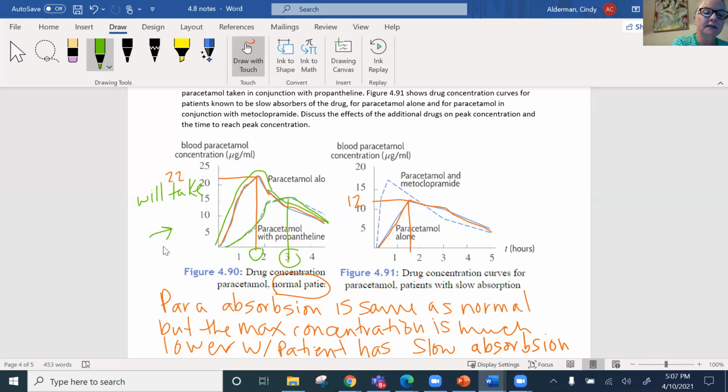So it will take 2 times the time to reach its peak.